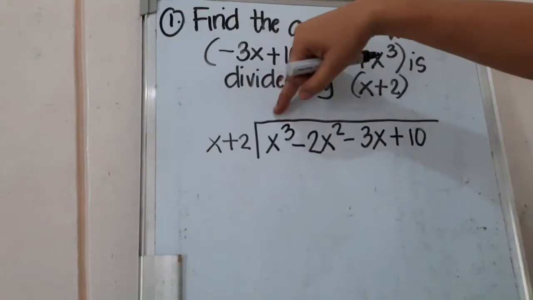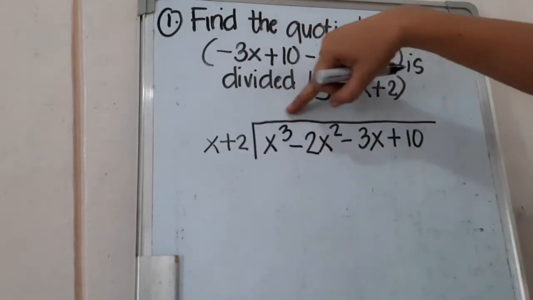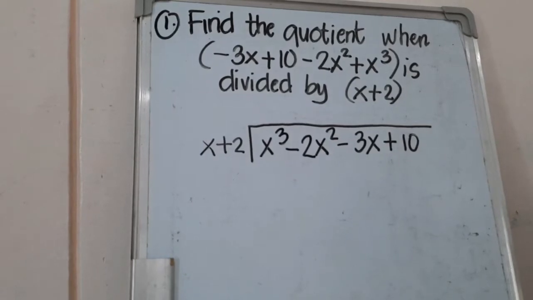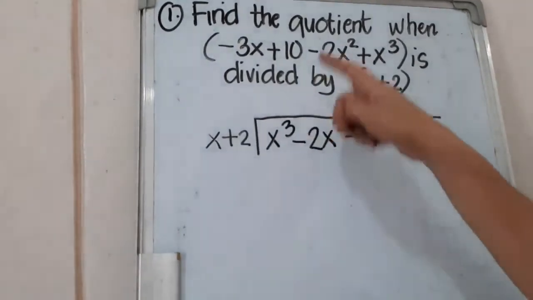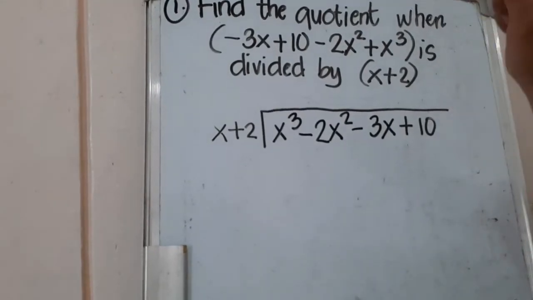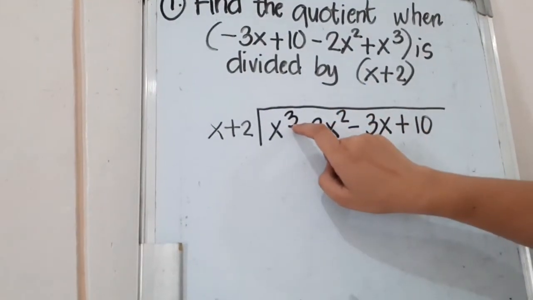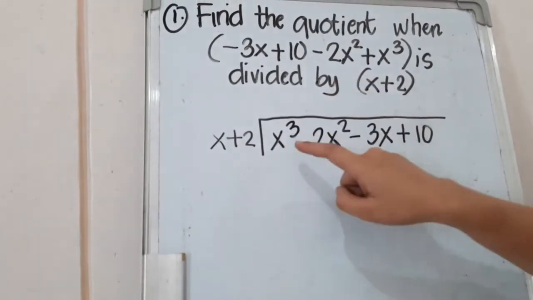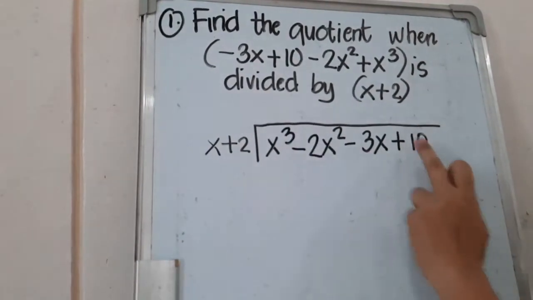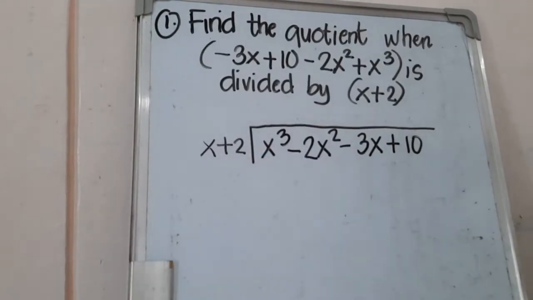The answer will be put at the top of our division symbol, and that will be our quotient. So how are we going to do it? But before anything else, what's the degree of our polynomial? Absolutely. The highest exponent of the variable is 3, so therefore this is a third degree polynomial. So we'll divide our third degree polynomial by our divisor.